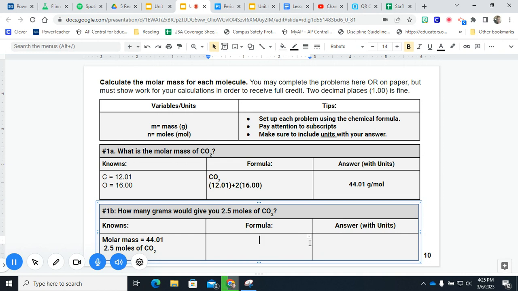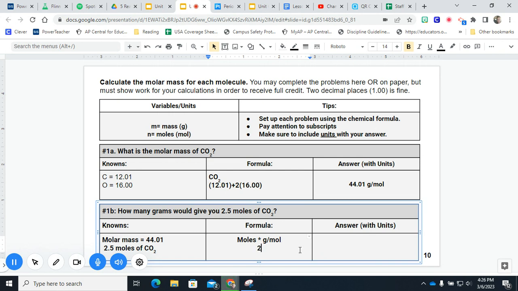The formula in this case, we're going to be doing a conversion. So if we have moles and we're trying to find grams, then we're going to do moles times. We want to put the moles on the bottom and the grams on top, so grams per mole. That way the moles will cancel and we'll be left with the grams.